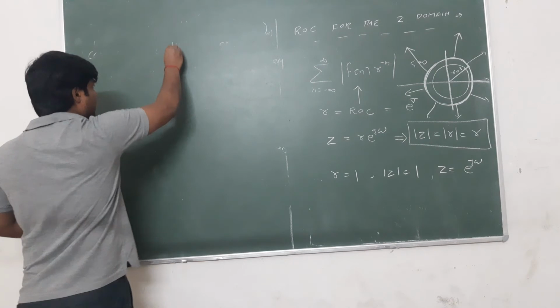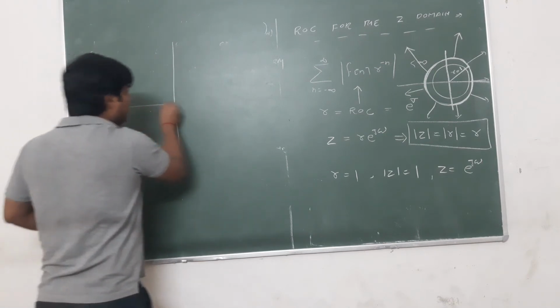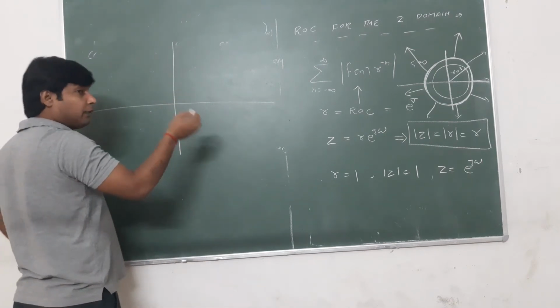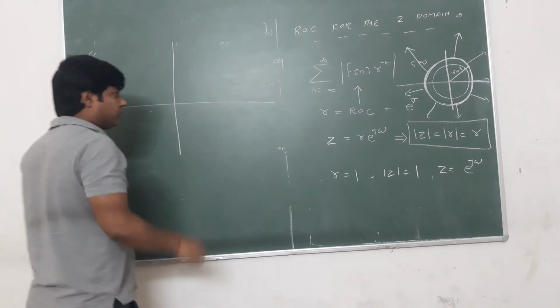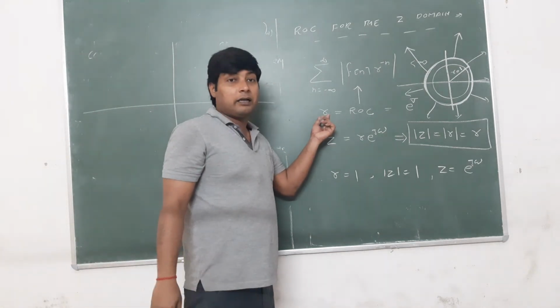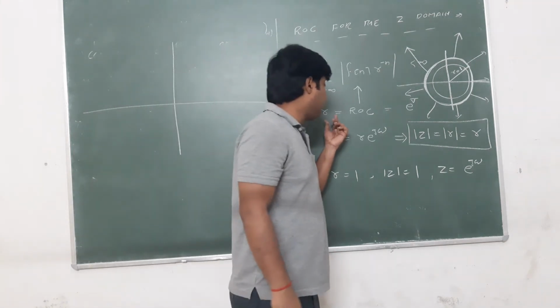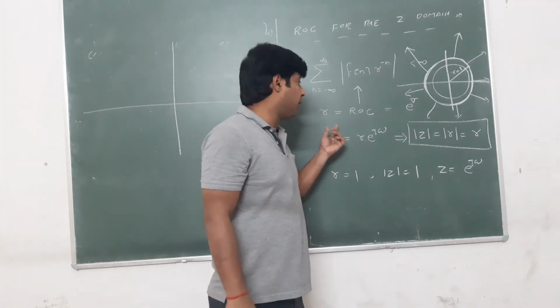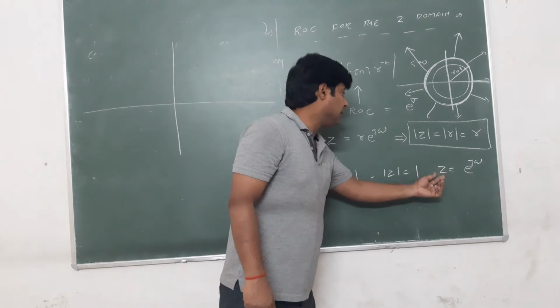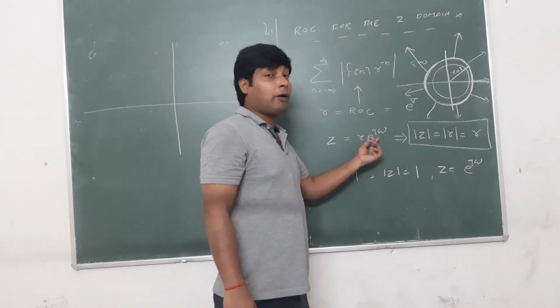This is the z domain. If sigma is equal to 0, then the value of r is equal to 1. It means the magnitude of r is equal to 1 and z is equal to r e to the power j omega.